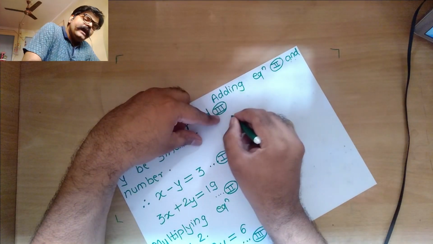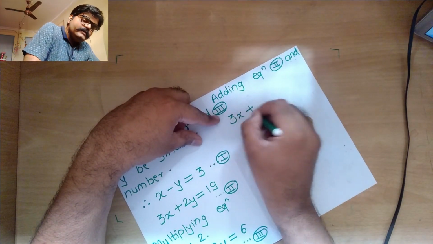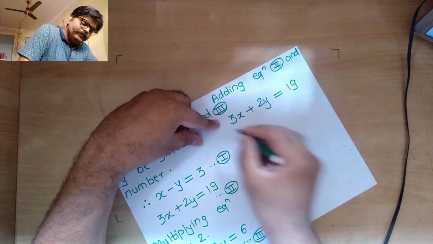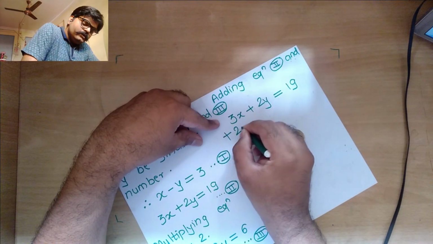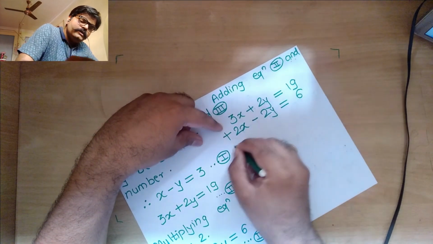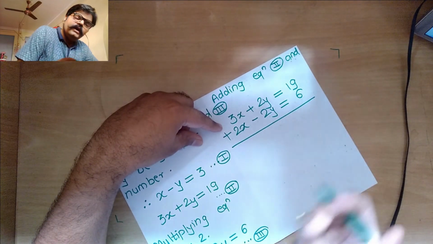Therefore during the addition, 3x plus 2y is equal to 19, plus 2x minus 2y is equal to 6. Now we are going to add them.